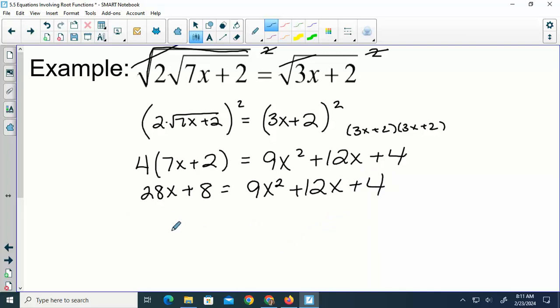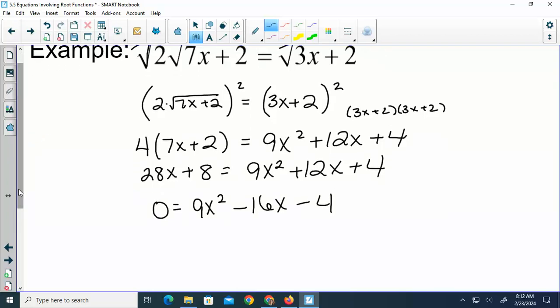We always set quadratics equal to 0. So subtract the 28x, subtract the 8. Now what?